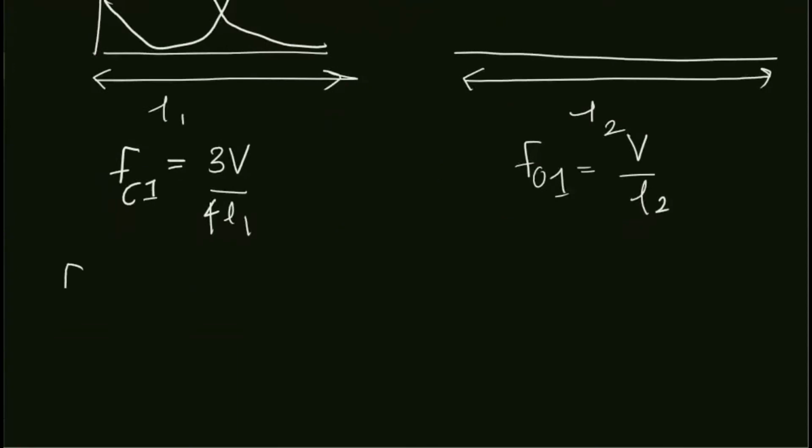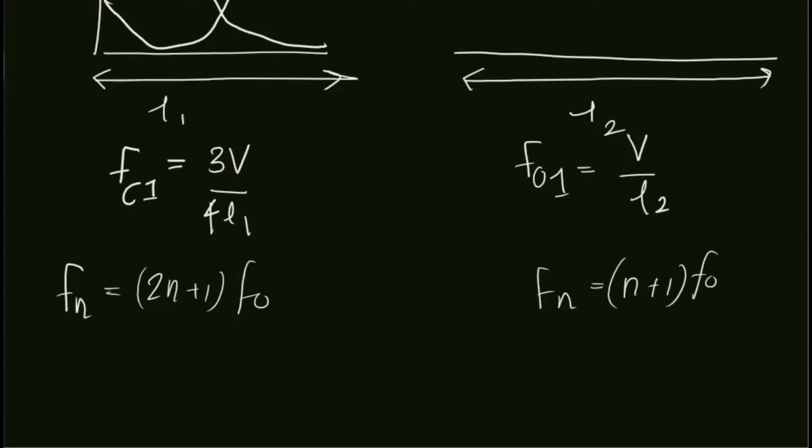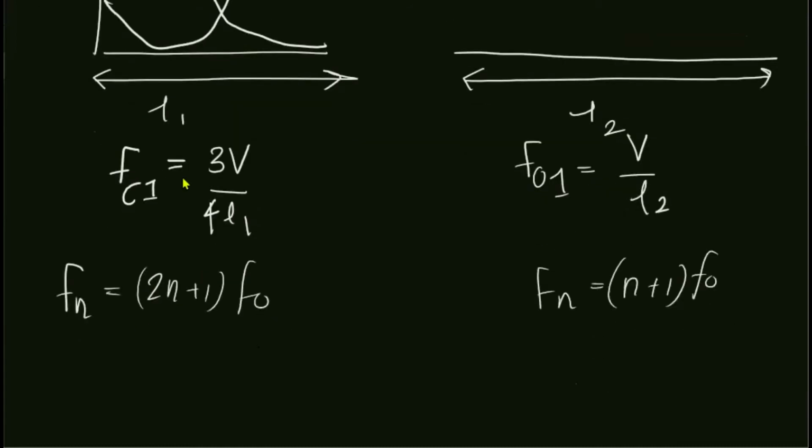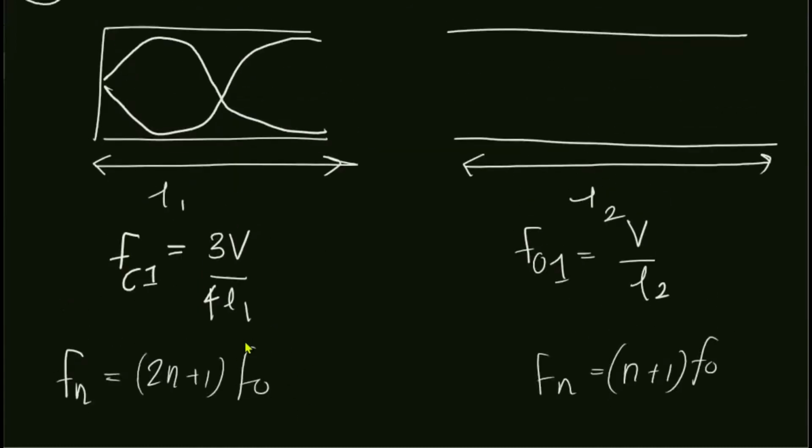From the common equations, we can also write Fn is equal to (2n plus 1) F naught for the closed tube. For the open tube, Fn is equal to (n plus 1) F naught. What we need to know is F naught of a closed tube and F naught of an open tube. The F naught of a closed tube is v over 4L1.